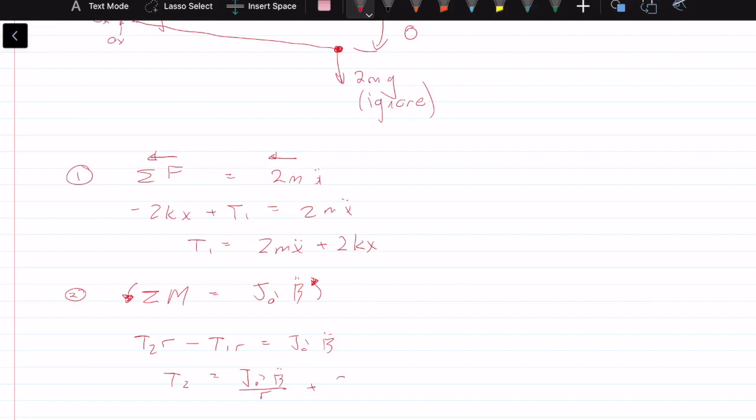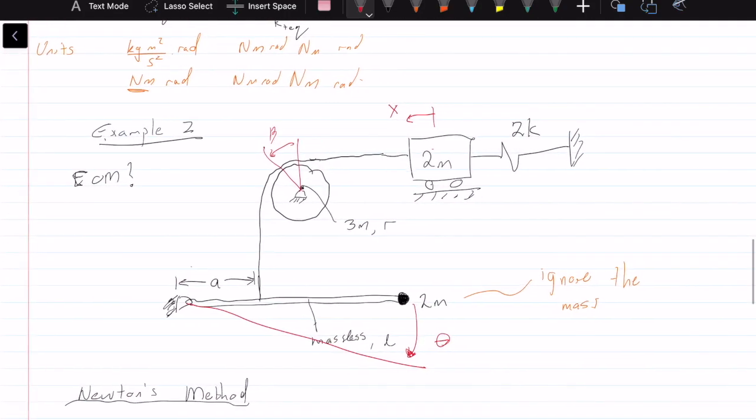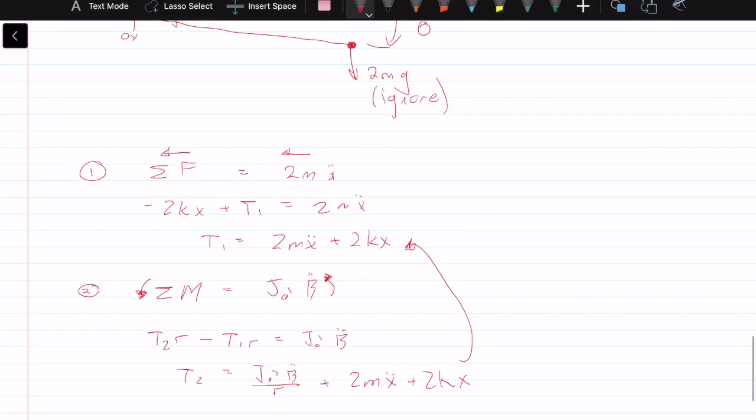And T1 I'm going to put in straight: 2mx double dot plus 2kx, from that equation right there. Now we have T2 and this equation of motion in terms of theta.